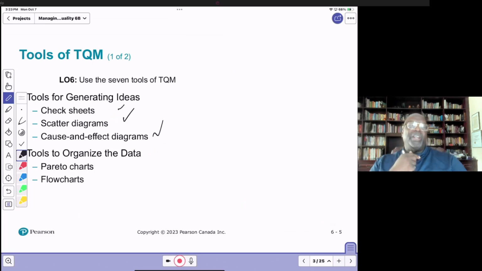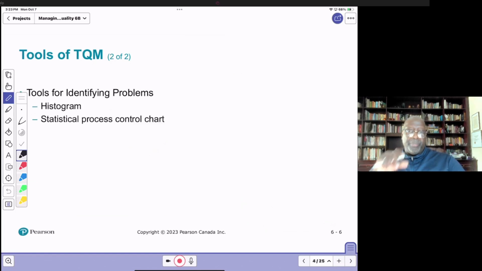Then we have tools for organizing data, such as Pareto graphs and flowcharts. A Pareto chart or Pareto graph is essentially an ordered bar graph. Either you go from low to high or from high to low. And flowcharts, of course, show us the various steps in a process to accomplish some particular outcome.